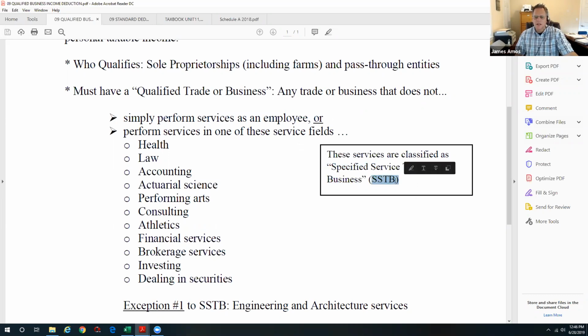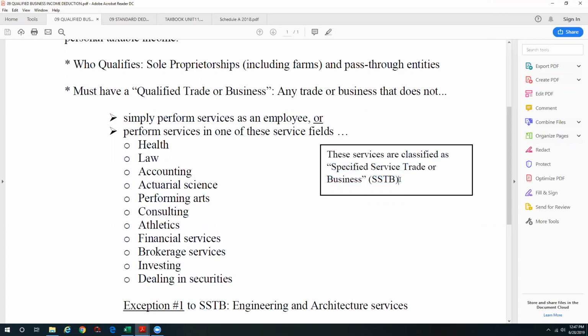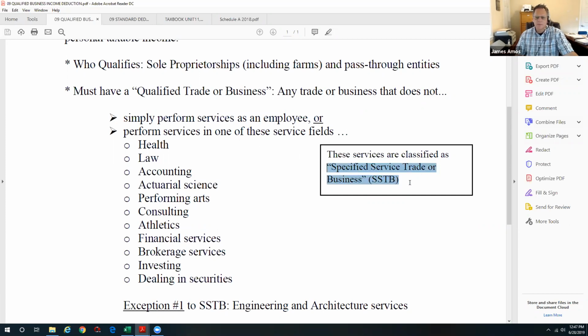So let me put it this way. If a business is a specified service trade or business, will it qualify as a trade or business for this deduction? No, it won't. Let me say it a different way just to make sure we're getting it. Any trade or business that does not perform services as a specified service trade or business.